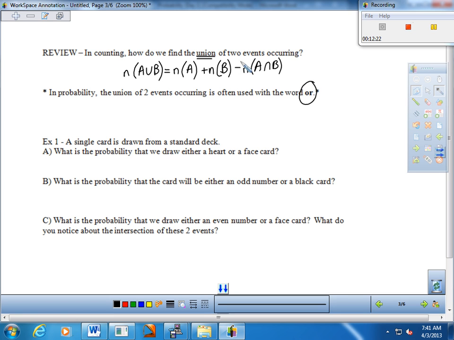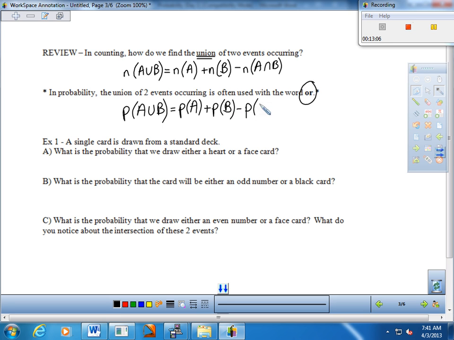So, long story short, what we'll focus on today is this piece, the probability of one event occurring or a second event occurring. So that will be our union. And that is equal to the probability of the first plus the probability of the second. But again, we just have to be a little careful.